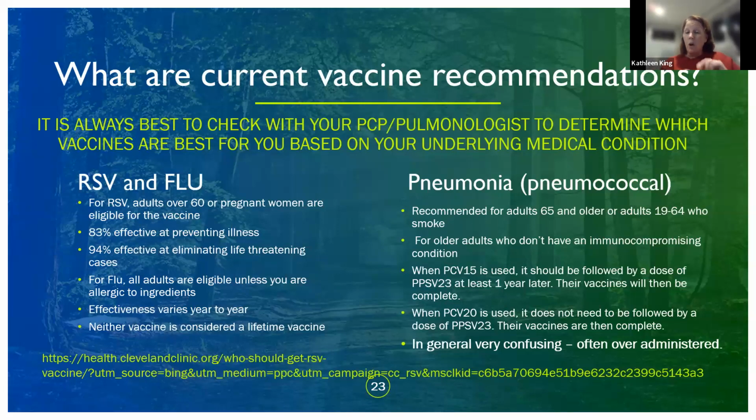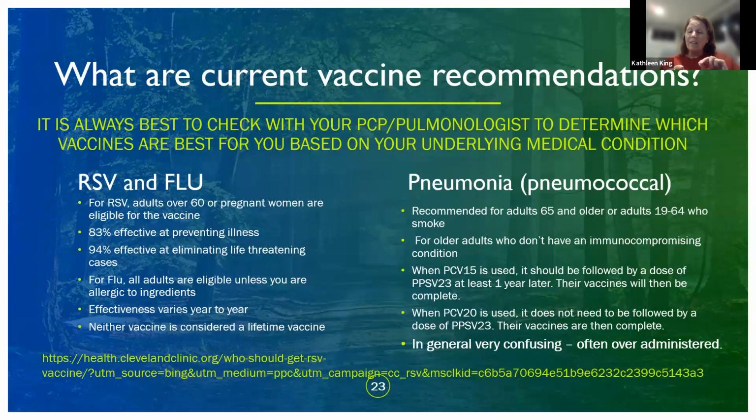For older adults who don't have an immunocompromising condition, so if you're a healthy older adult over 65, here's what it says. You have to actually know which vaccine. If you got PCV15, then a year later you should get PPSV23. But notice what it says after that.